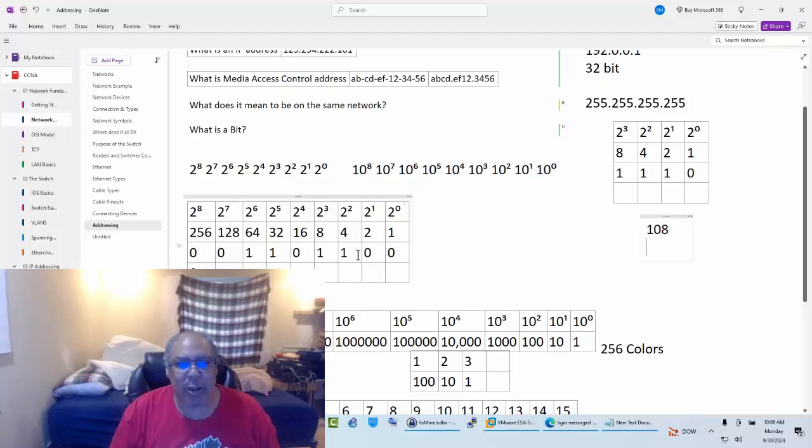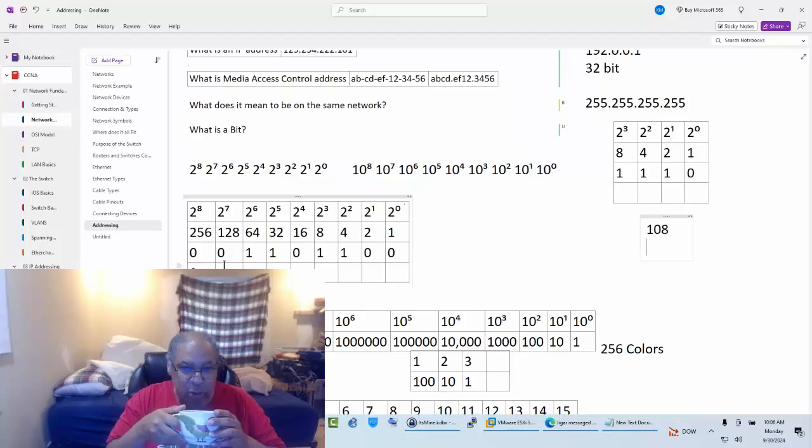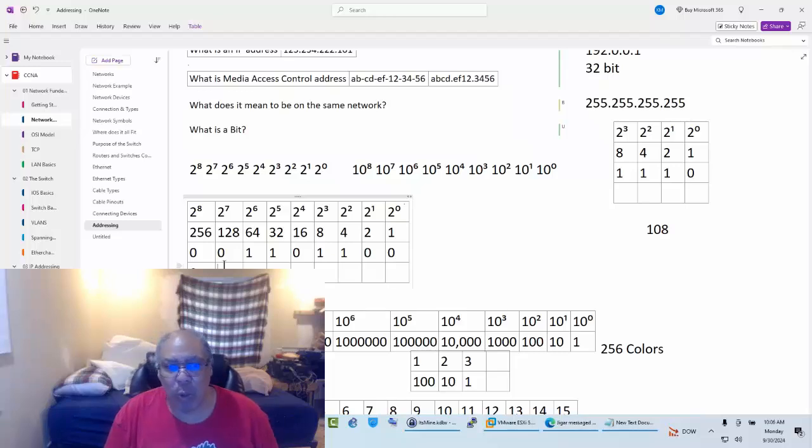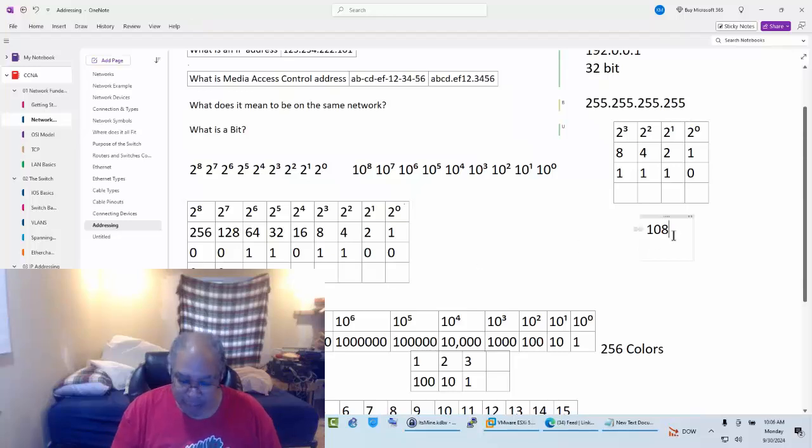256 is not going. Now, again, we don't have to start all the way down at 256, but we're going to, because we have 8 places. So we're definitely going to start with the 8th bit and work our way back. Can 128 be subtracted from 108? No. So that's a 0. Can 64? Yes. So minus 64.